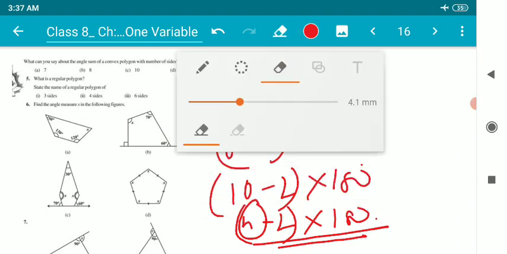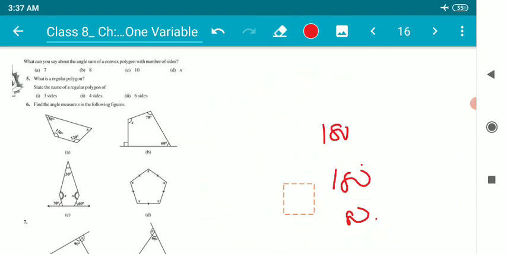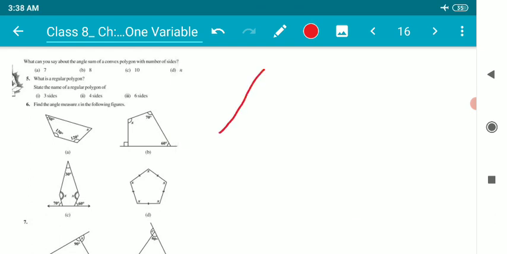Now there is something which is pretty interesting. State the name of the regular polygon. Children, we need to understand the difference between a regular polygon and an irregular polygon. Suppose children, I am talking about a triangle with all three sides of equal measure.